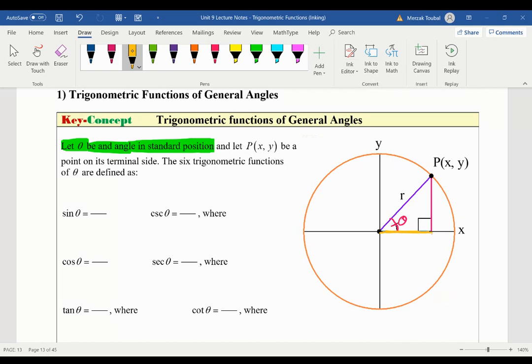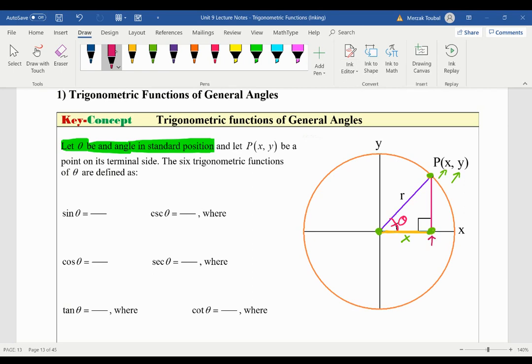the distance from the x-axis to point P. As you see over here, the distance from the x-axis to the point P, that's the opposite. Now, this point P is labeled with two coordinates, x and y. The x coordinate is the distance from the origin to this point over here on the x-axis.